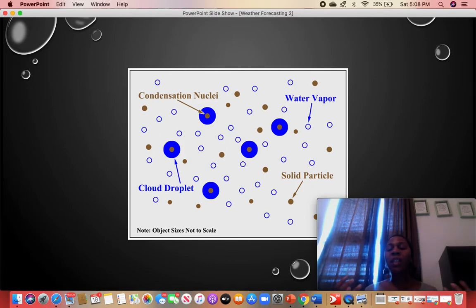A nuclei is basically any type of particle that water vapor can condense on. It could be dust, smoke, even some sort of chemical in the atmosphere, maybe pollution of some sort, just particles being up there. The water vapor will condense on that nuclei and then form a cloud droplet. And as these droplets collect, then clouds are formed.